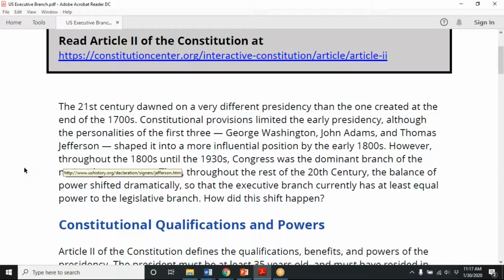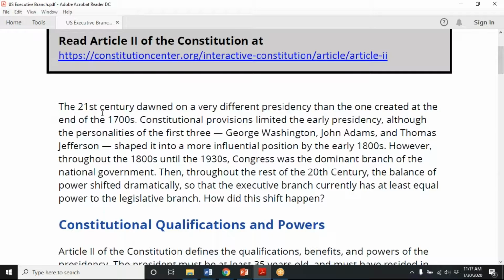The executive branch doesn't make laws, although because of the checks and balances, the president and the executive branch is involved in making laws. But the executive branch's job is to execute the laws. It's the executive branch. So they execute the laws. They live out the laws. They make them actual. They make them real in society.